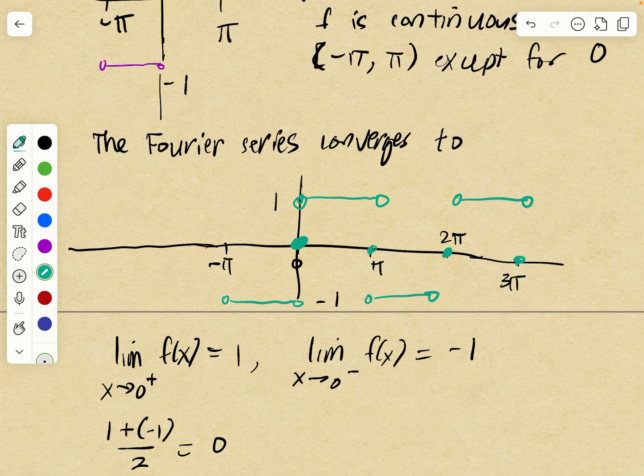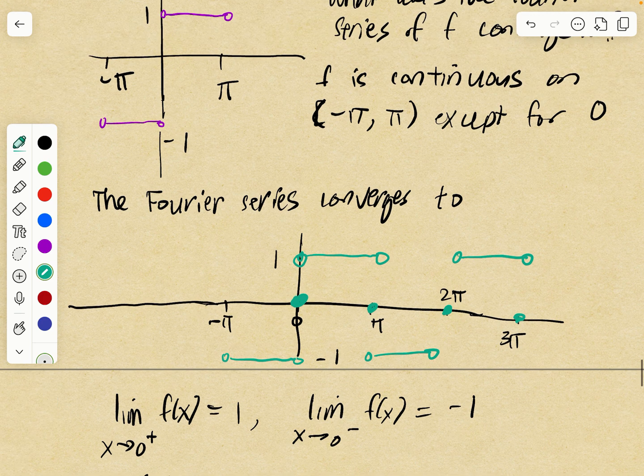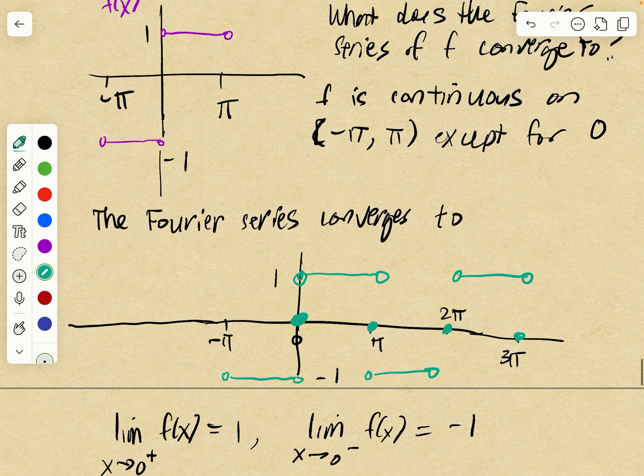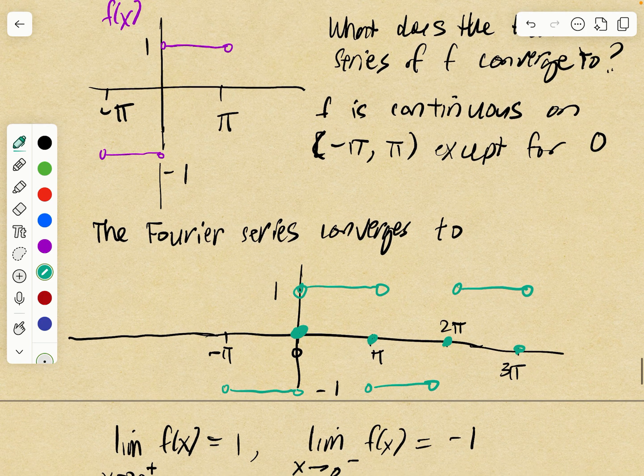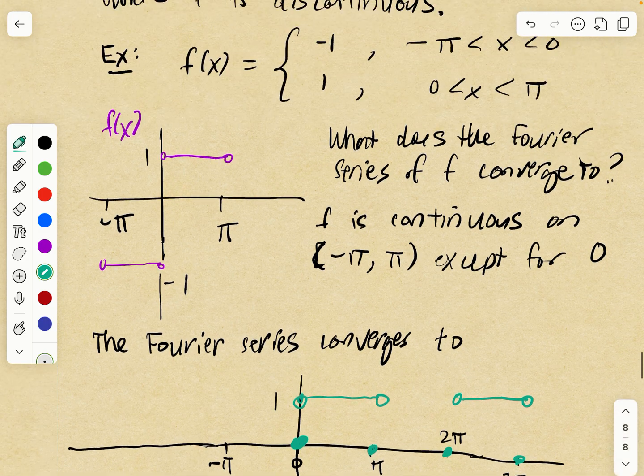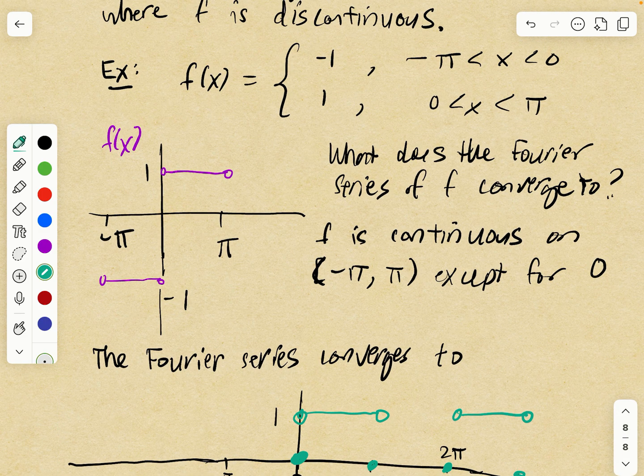And then at pi, here's something I'm sort of sweeping under the rug.